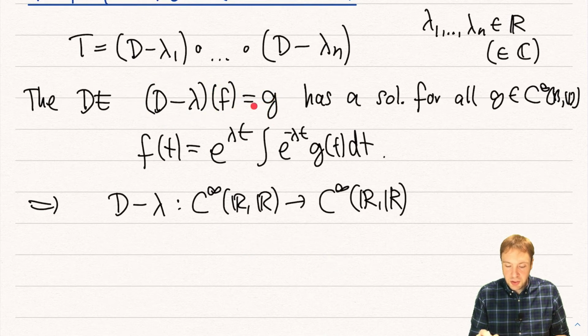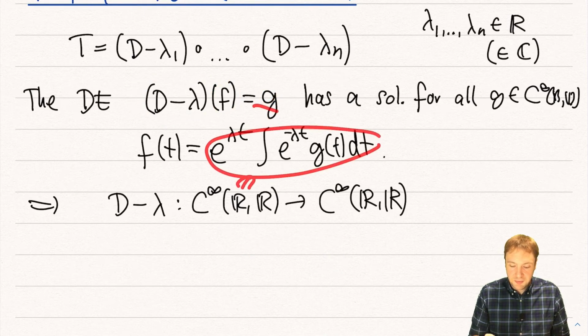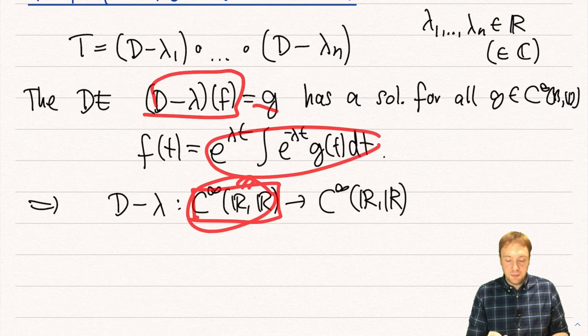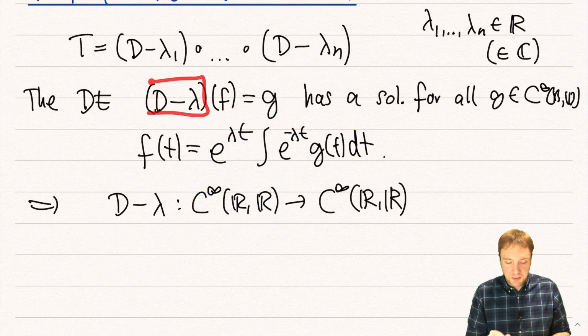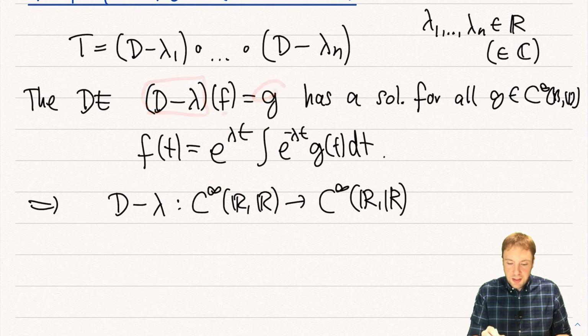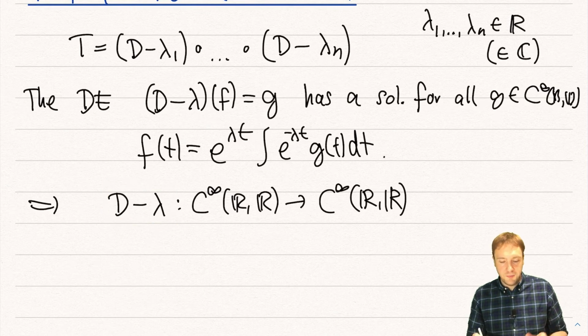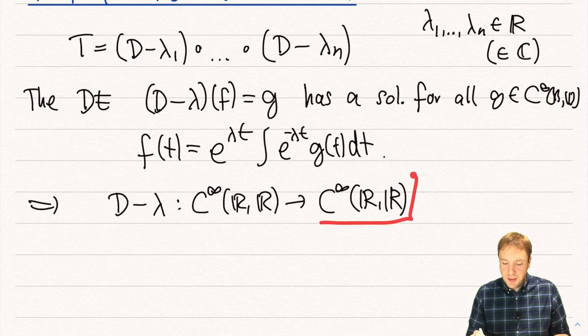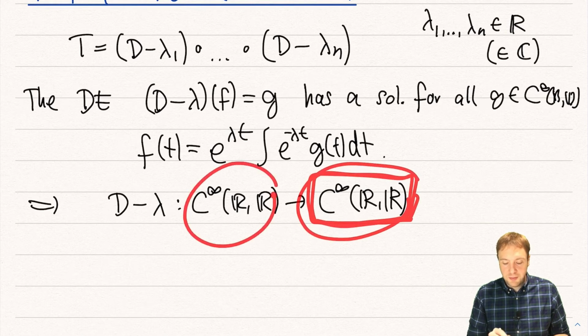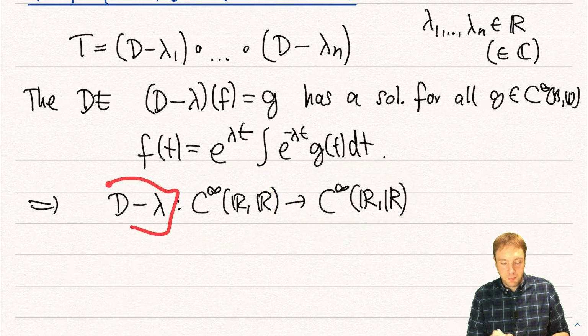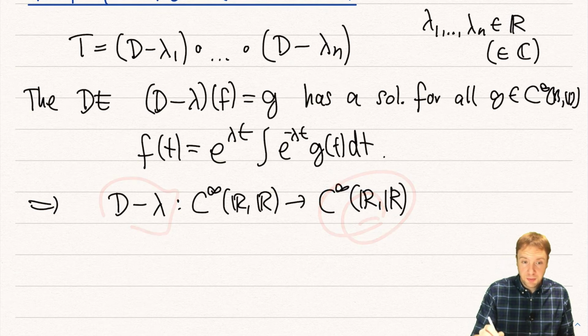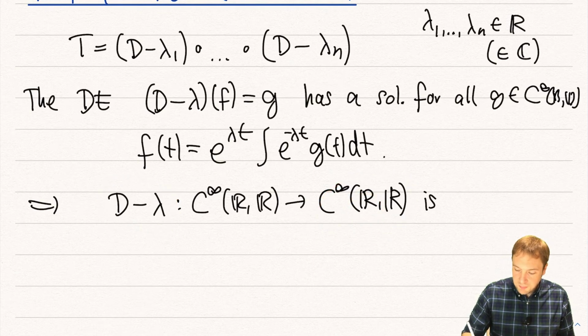So if we start with a g, we can find this function inside this space here, and therefore if we apply this operator d minus lambda, we get this g. And this means that this map is surjective, because this is exactly the definition of surjectivity: for each element here we can find some element such that applying this map we get this element. So in other words, this is surjective.